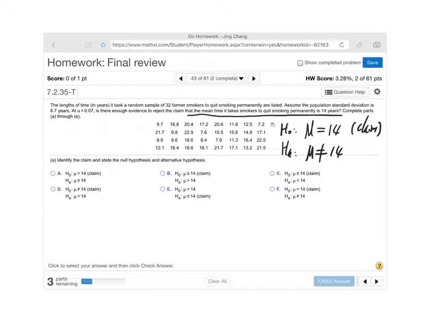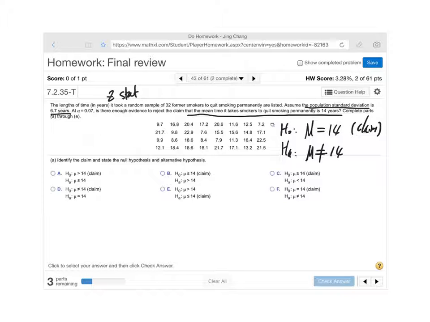So that should be F. And then since we know the population standard deviation, you will use Z stat.